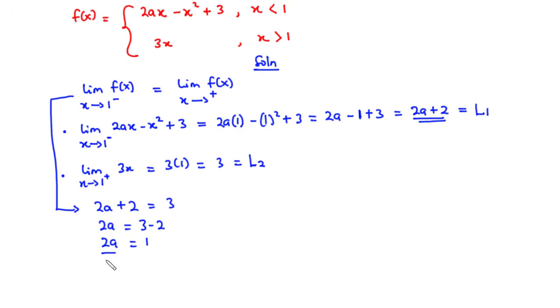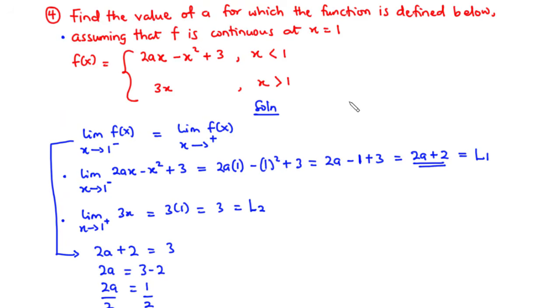So we divide through by 2, and then we have a equals 1 over 2. So the value of a is 1 over 2. So if the function is assumed to be continuous at x equals 1, then it means that the value of a is equal to 1 over 2.